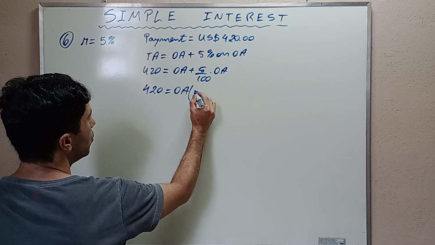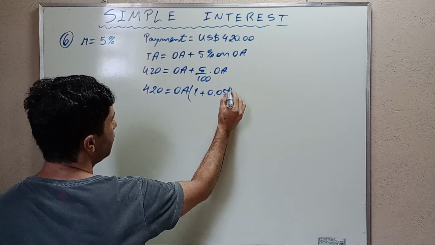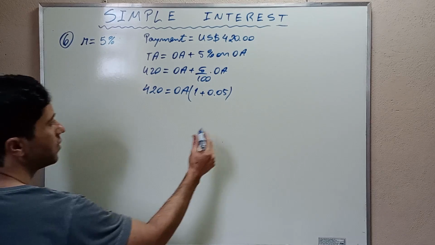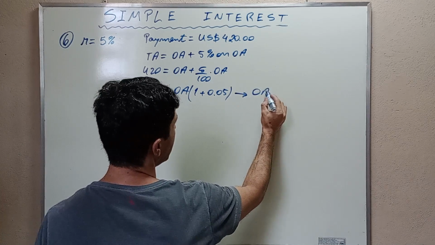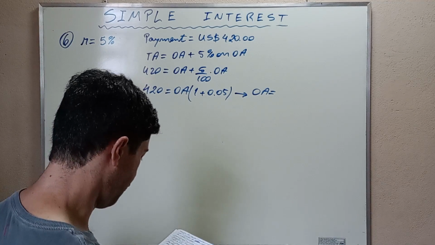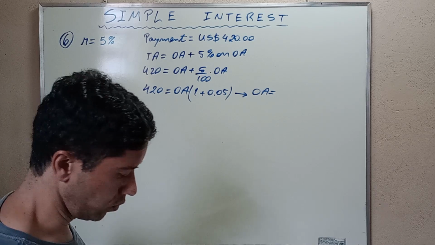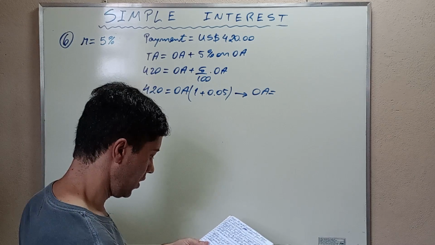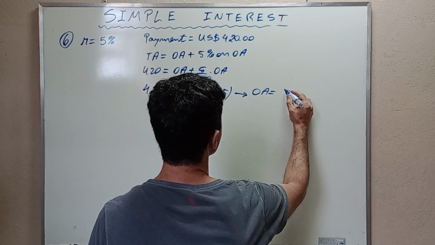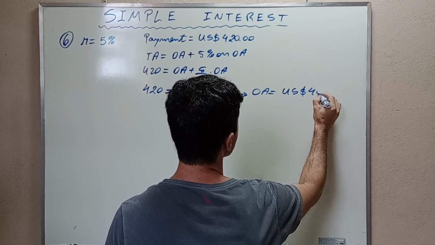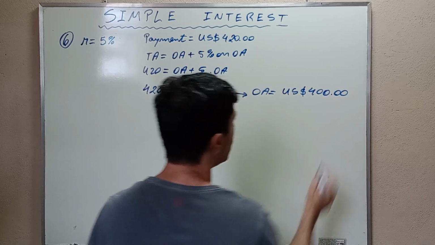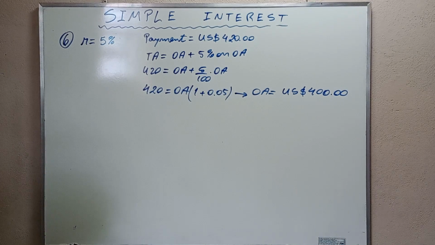Original amount times (1 plus 0.05), and I pass this dividing here, and I find that the original amount is 420 divided by 1.05, and this is equal to $400. So the original amount is $400. The amount saved would be the interest amount charged.